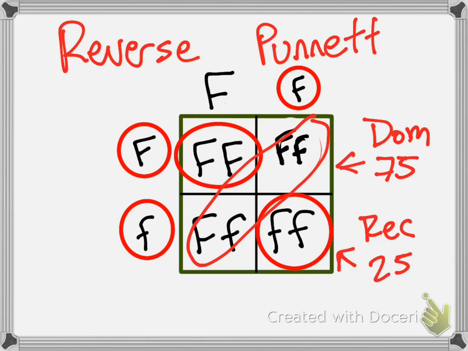If we were to write this as a ratio for dominant and recessive, it would be 3 to 1. If we were to write this as a ratio of genotypes, it would be 1 to 2 to 1. 1 for our homozygous dominant, 2 for our heterozygous hybrids, and 1 for our homozygous recessive.